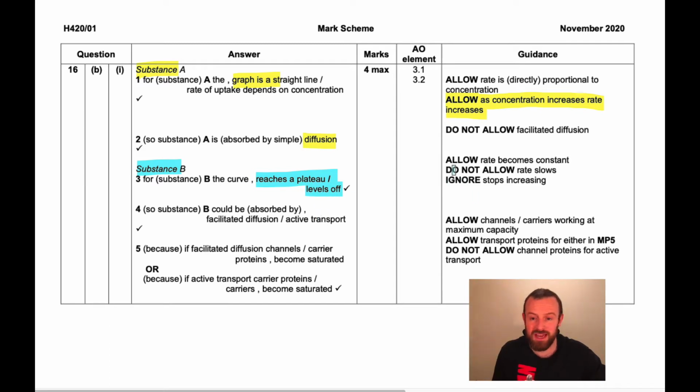A lot of people were saying this. Do not allow rate slows. Now, would I have? I think I would have. If I'd written it, I think I would have said levels off and stops increasing, or reaches a maximum and stops increasing. I think reaches a maximum would also be accepted, instead of plateau. So yeah, active transport. Okay, so pause if you want to have a more look at that mark scheme, and we're going to move on.